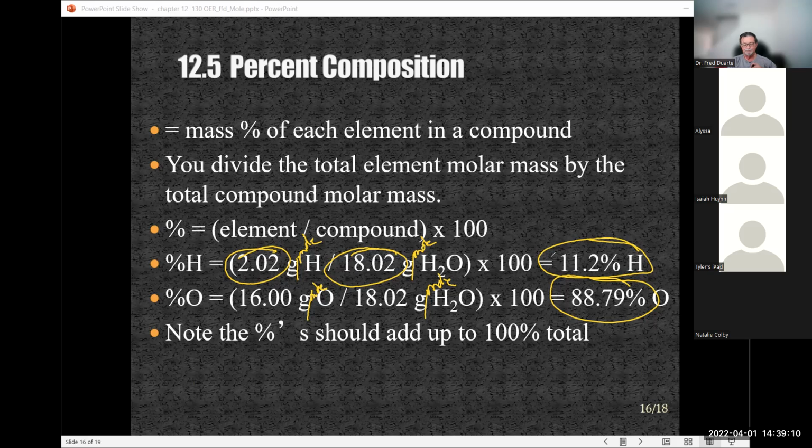You should add up to 100%. So what that tells you is that water consists of 11.2% hydrogen and 88.79% oxygen. And that is true for water, like I stated, found here or found in the next universe or next star. It still has that same composition. Okay. So are there any questions about that part?